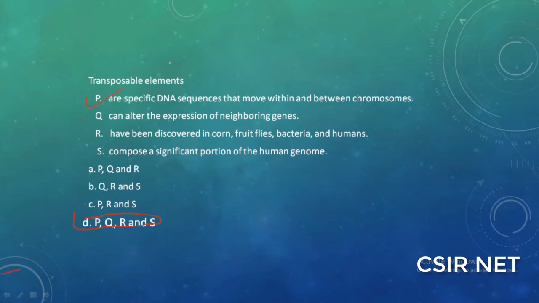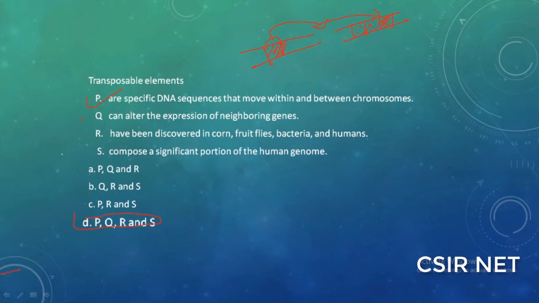It means these are DNA sequences that move within chromosomes. For example, this is your DNA sequence. It may get excised from this segment, and it may get placed to another chromosome.